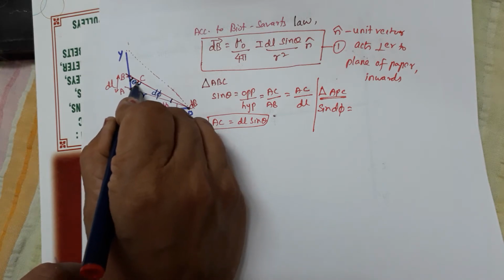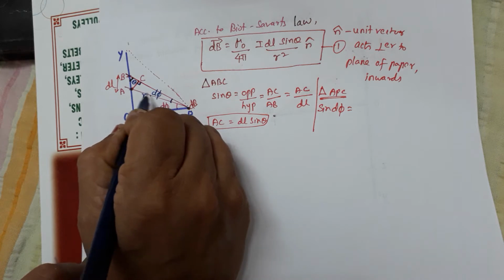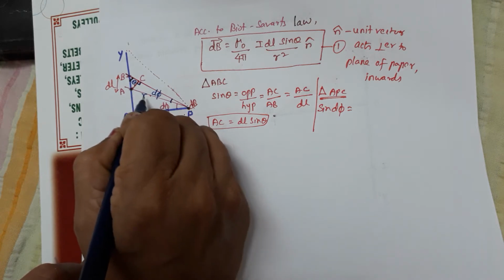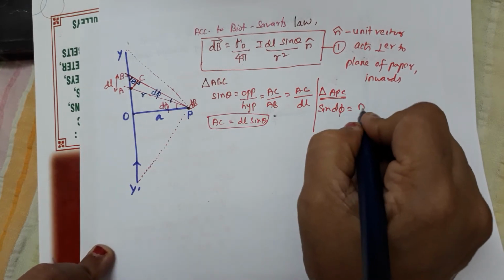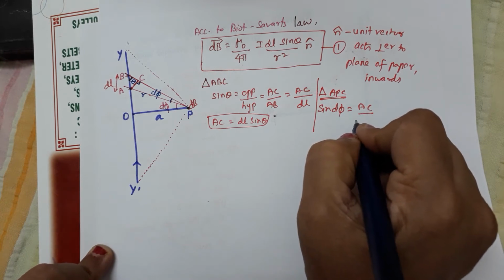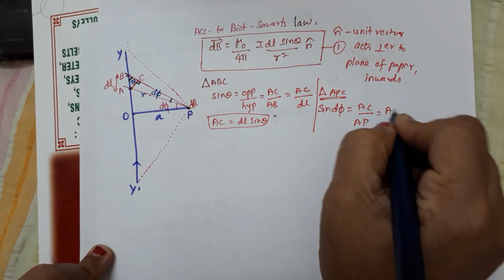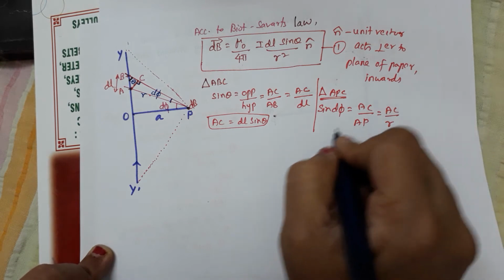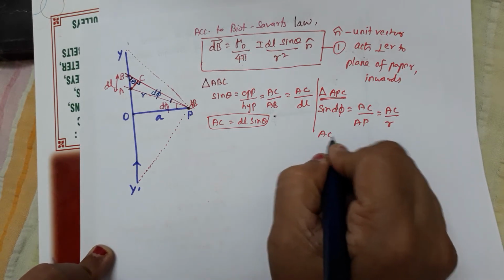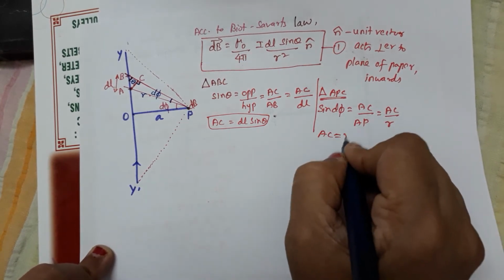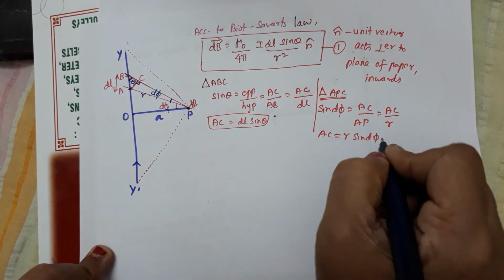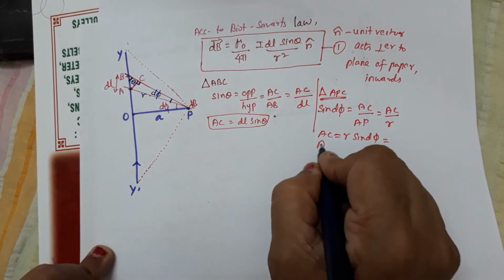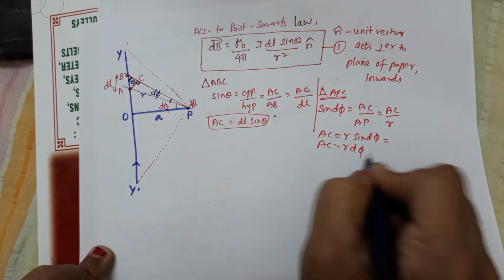So AC will be the opposite side, this is 90 degrees, so AP will be the hypotenuse. That is AC by AP, AC by R, right? Now cross multiply, what do you get? AC is equal to R into sin d phi.